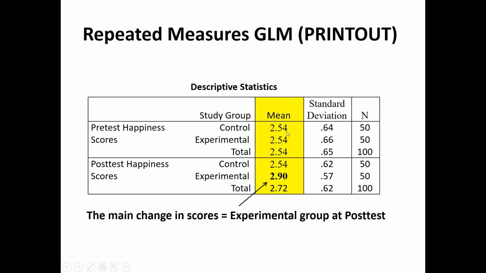So that's saying that at pretest there were not significantly different happiness levels between the experimental and control. But at post-test, below here, control is still at 2.54, pretty much the same, but the experimental went to 2.9. So you can see the main change was this increased post-test score within the experimental group. So that's our intervention effect.